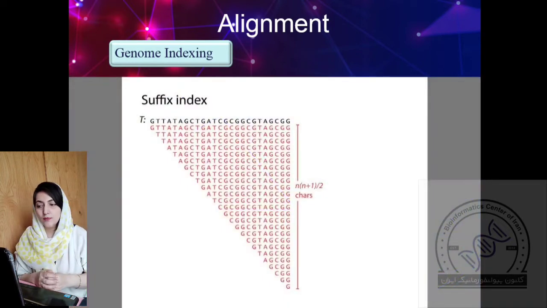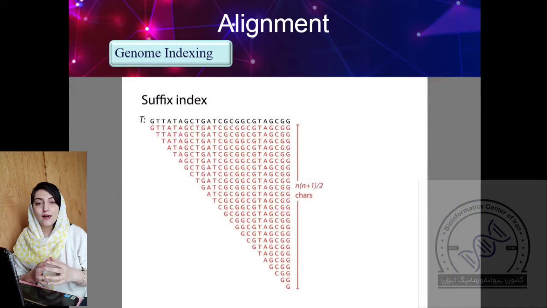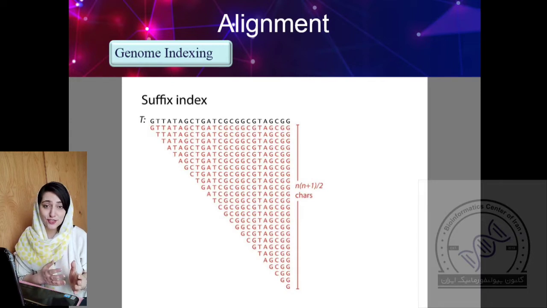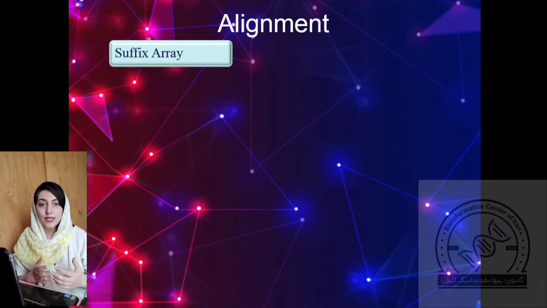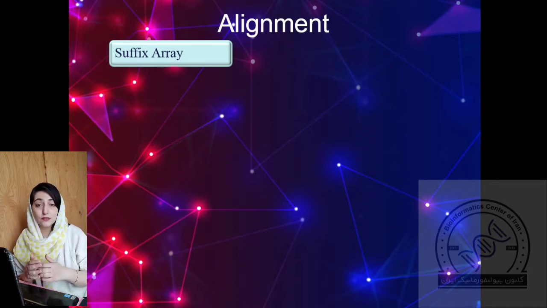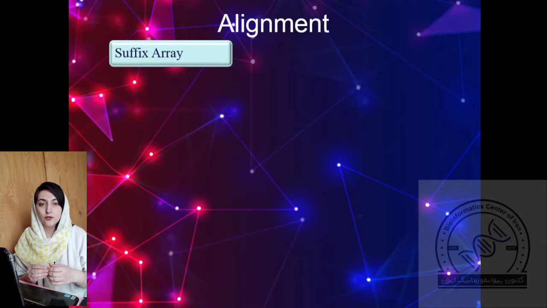For indexing, the main strategy is suffix indexing, and the method used for this is the suffix array. Suffix array is a computational, mathematical method in which each character of a string is treated in order to know what the character beside it is, and so on.